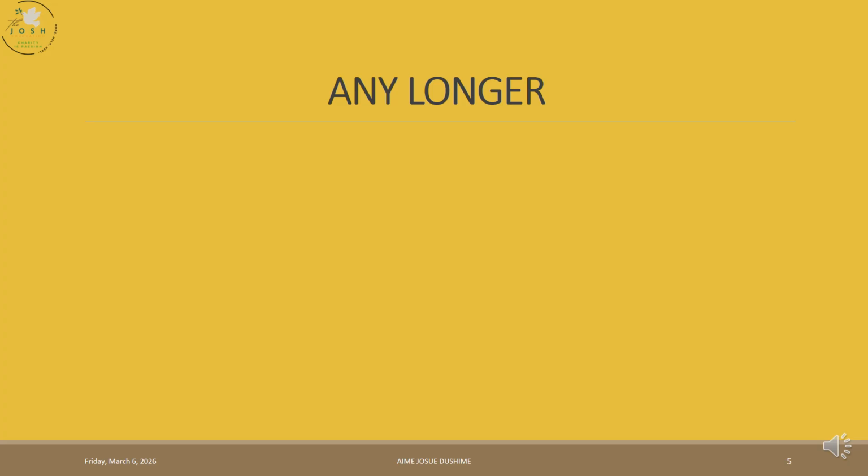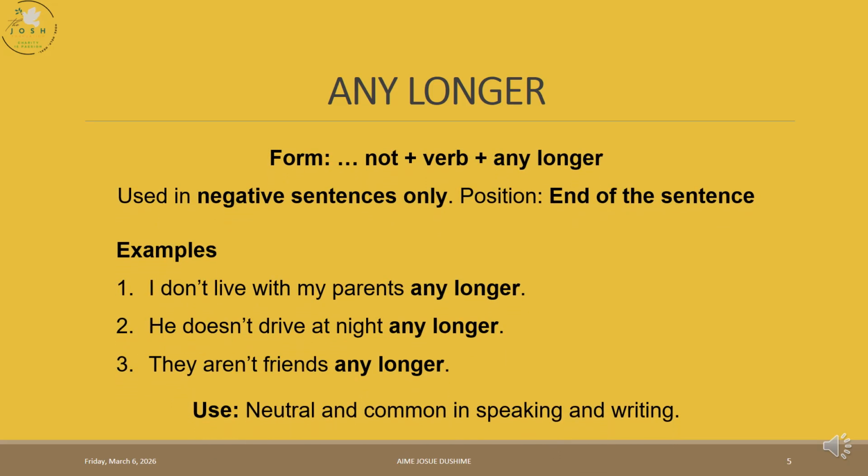Any longer. When I say any longer, it's just as simple as no longer. The form is to take a negative, doesn't or do not, shouldn't, does not, are not, is not, am not, then verb plus any longer.